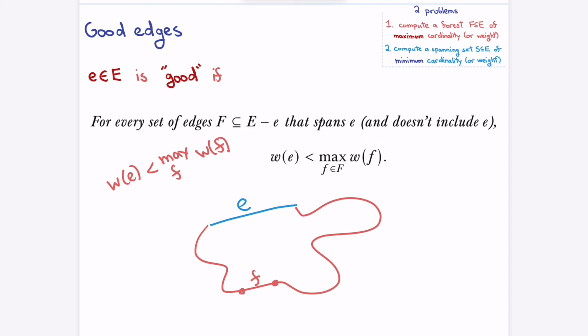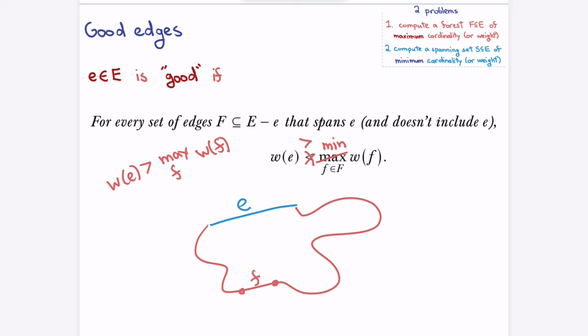Okay, forgive me. I think that for maximum forest, we might want to flip some of these inequalities. So I'm going to say that an edge is good if every time I find some other path with the same kind of effective connectivity, connecting the same endpoints, I can find another edge where the weight of E is bigger than a weight on the path.